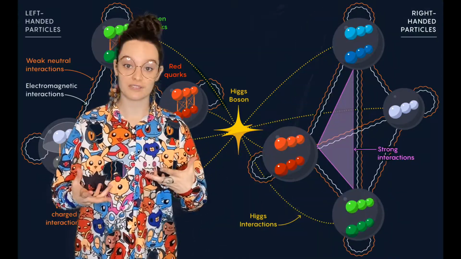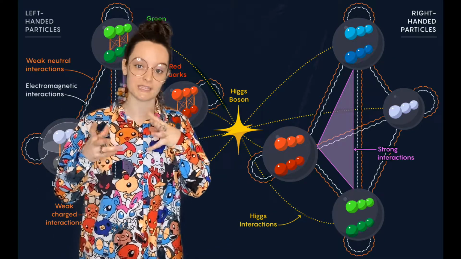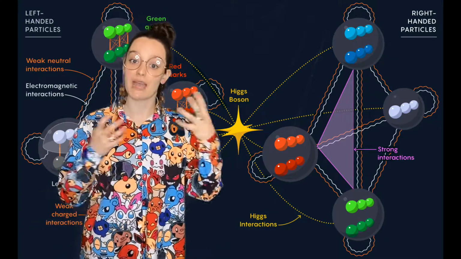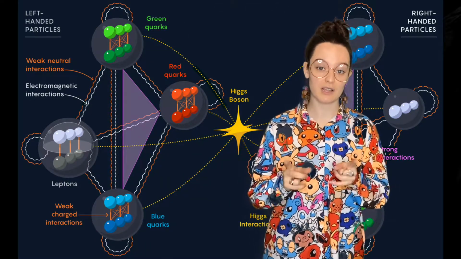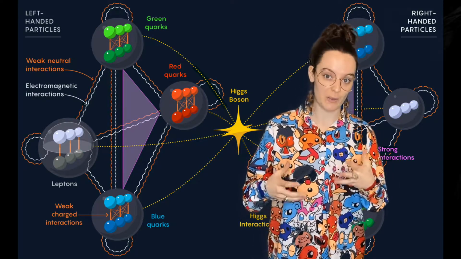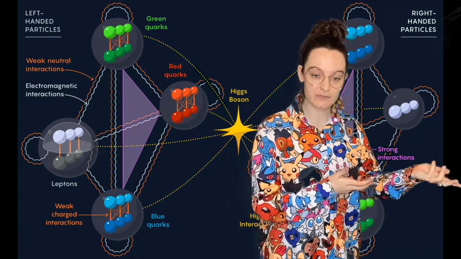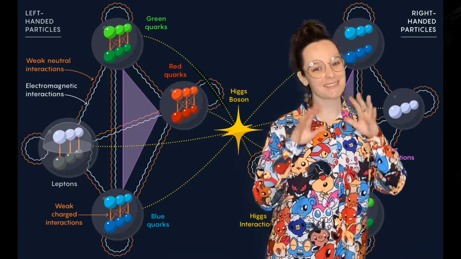The strong forces are represented by gluons, which are responsible for gluing particles together so that you can get things like neutrons and protons. Then we have the weak forces, which are bosons, W positive, W negative, and Z zero. These are responsible for radioactive decay, which we can use to date the age of things, along with a few other really interesting scientific applications, and they make the sun shine.